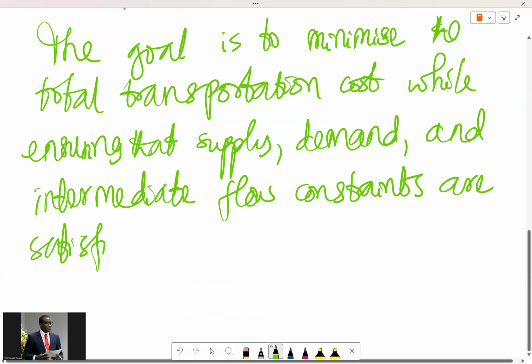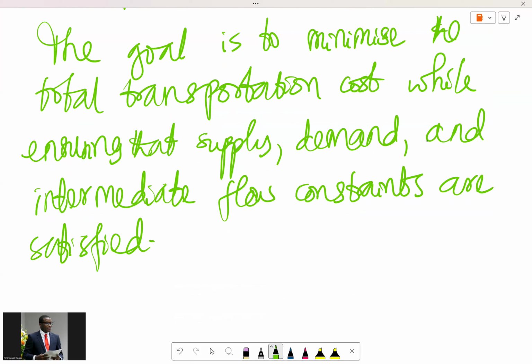So that is the goal of the transshipment problem. Let's see a particular problem we can solve with this.